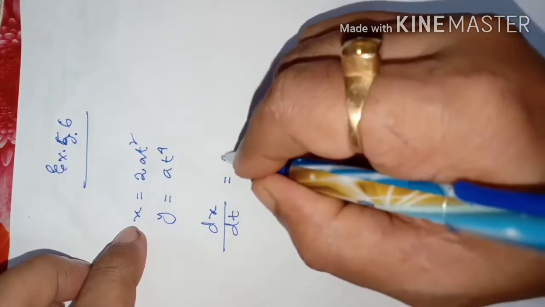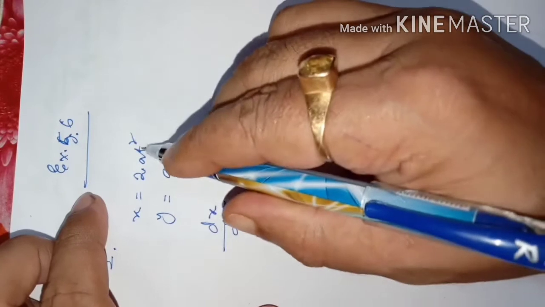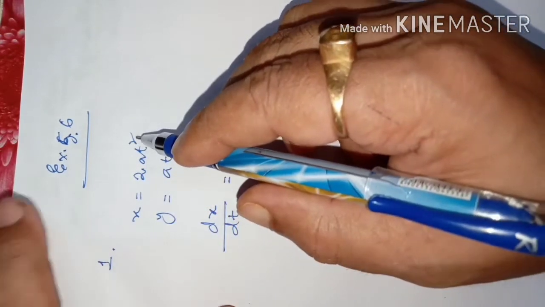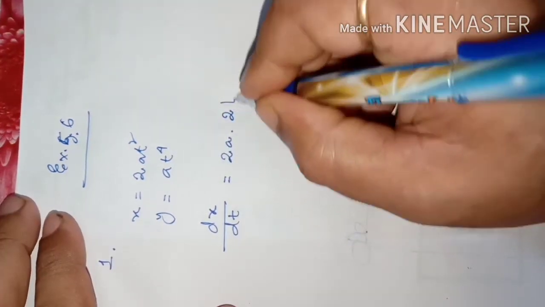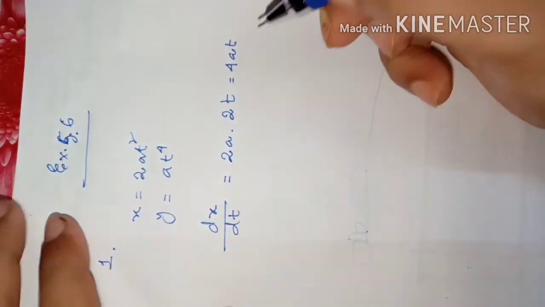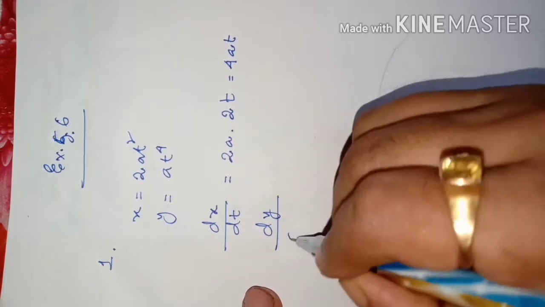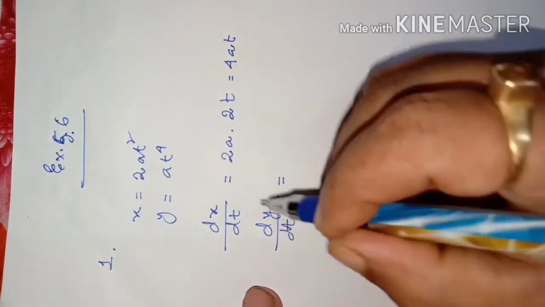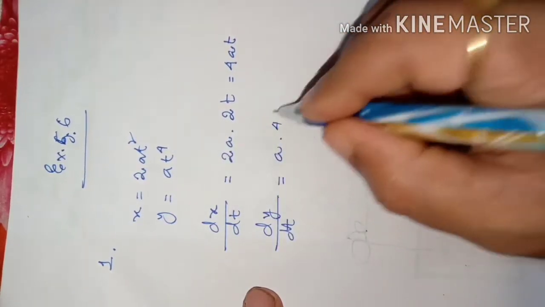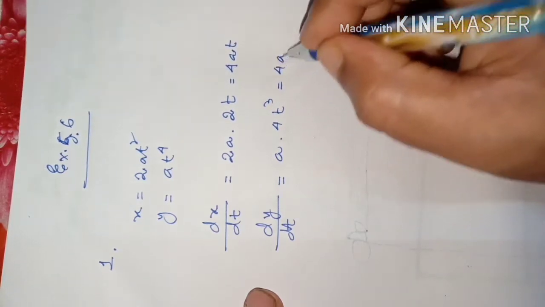It will be 2a, a constant, into the derivative of t square, that will be 2t. So the result is 4at. Now find dy by dt. a is a constant here, and the derivative of t to the 4 is 4t cube, so it is 4at cube.